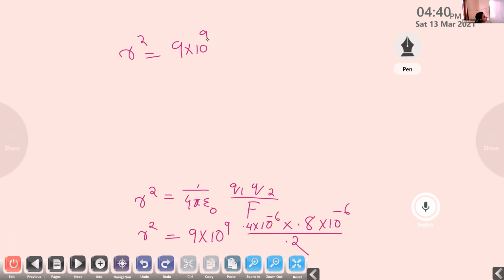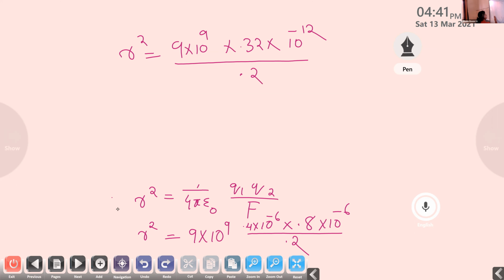It is 0.32. Then 10 raised to minus 6 into 10 raised to minus 6 is 10 raised to minus 12, divided by 0.2. So R square is equal to 9 into 10 raised to 9 into 0.32 into 10 raised to negative 12 divided by 0.2.